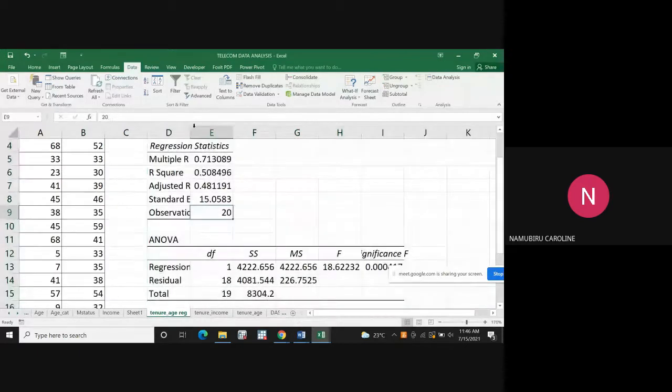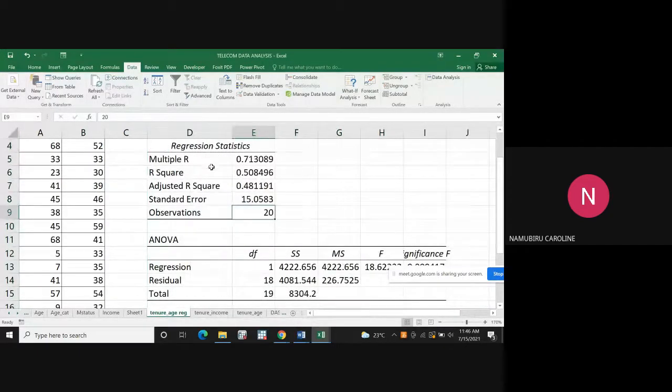It's here. And I'm going to explain these things one by one, especially for those who are interested in them. So Excel begins by giving us its results. The first one is what we call multiple R. This multiple R is simply our correlation coefficient. In Excel, when you see multiple R after a regression, it's a correlation coefficient.